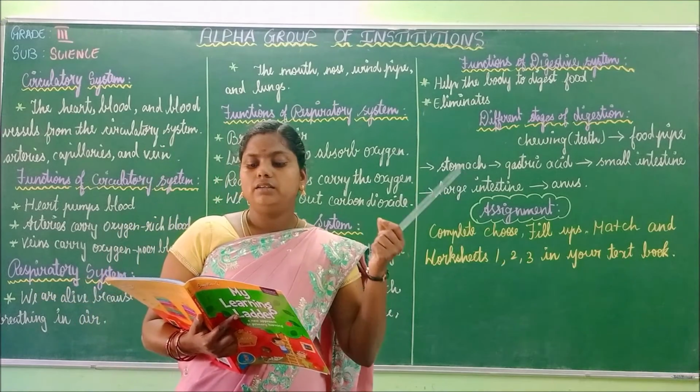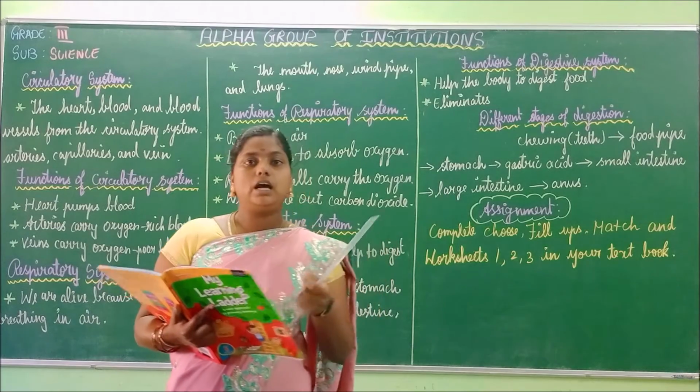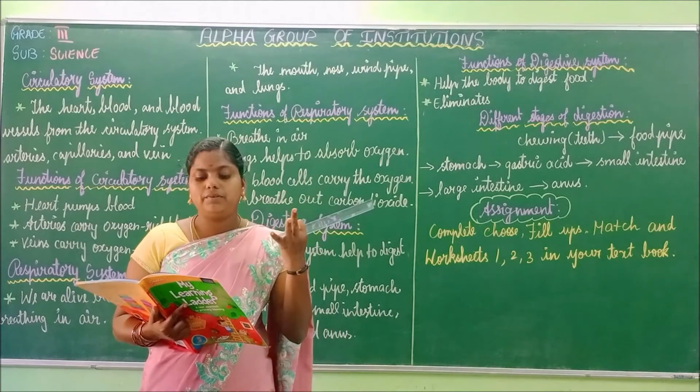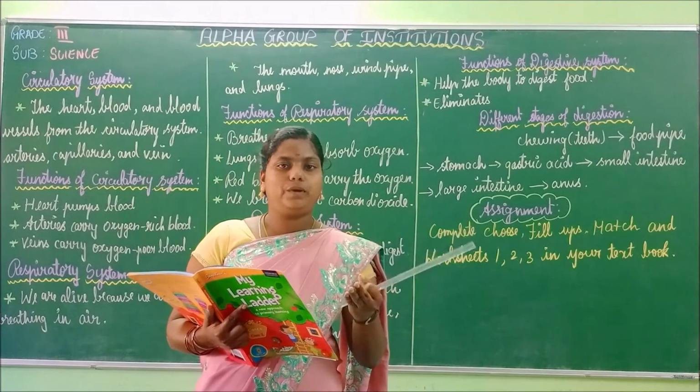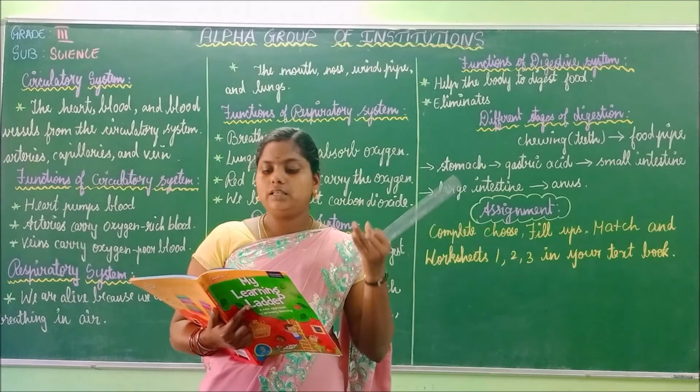There are 3 types of blood vessels. What are they? Arteries, capillaries and veins.